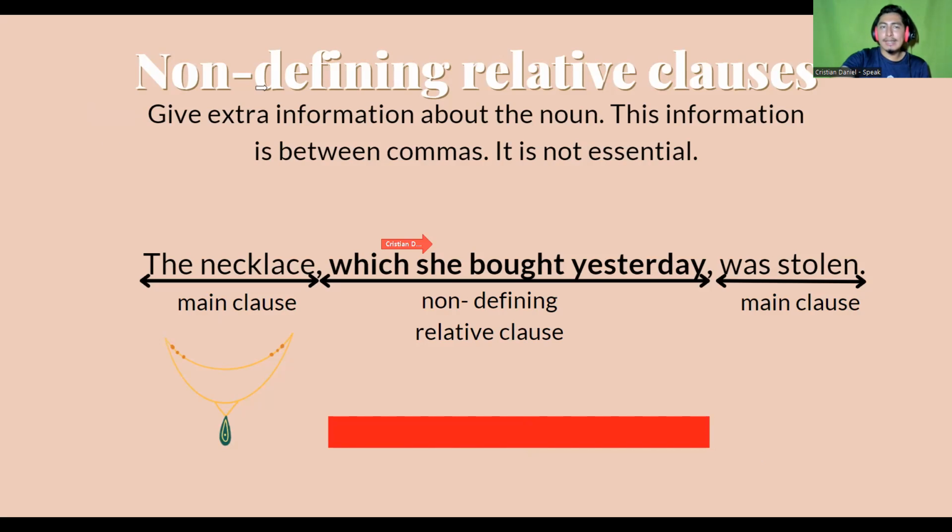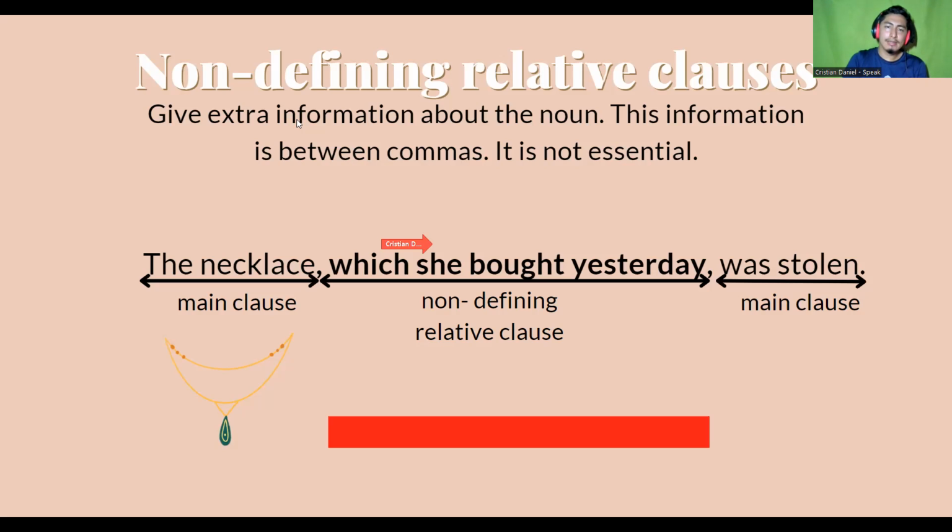So this is the main difference between defining and non-defining relative clauses. Defining relative clauses give important, essential information that makes the sentence make more sense. But non-defining relative clauses are just extra information.